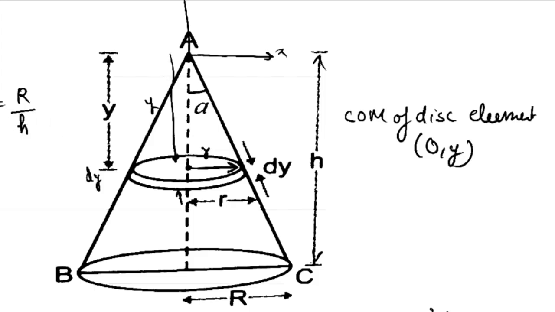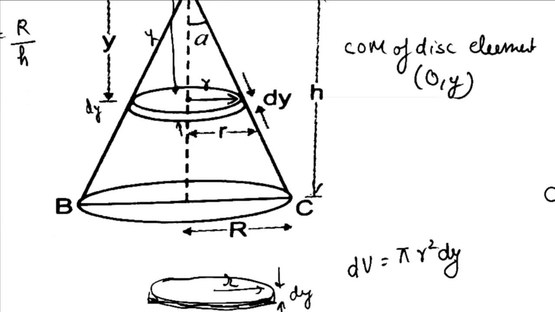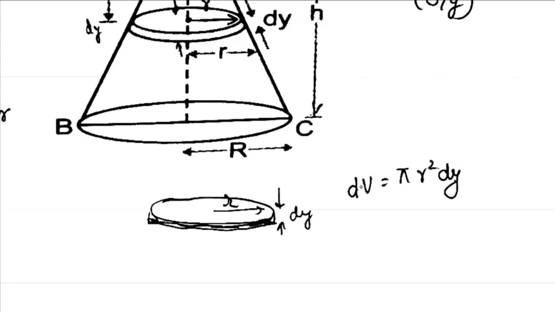So from here you will get y as r h by capital R. Very simple. Now differentiating this equation both sides, you will get dy. Now we got the volume, and if I multiply it with rho, I will get the mass of this disk.